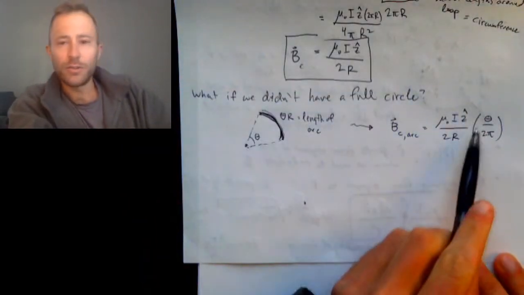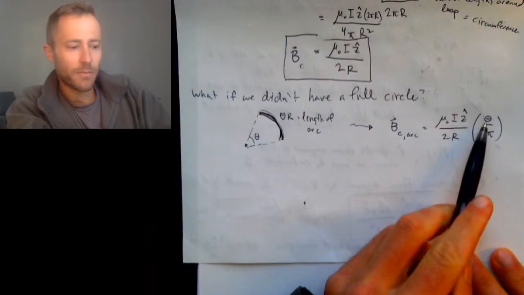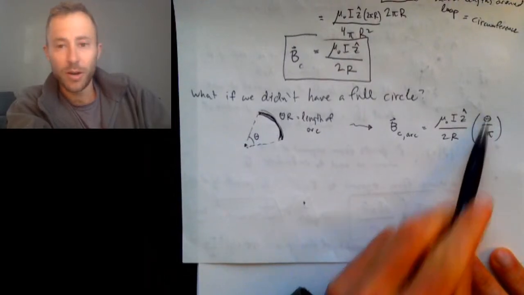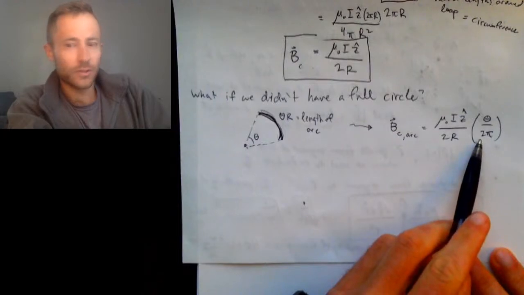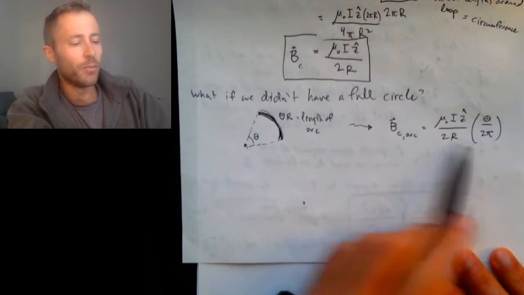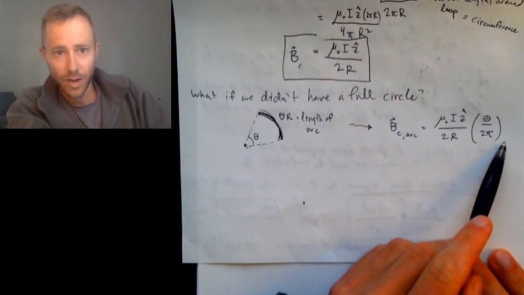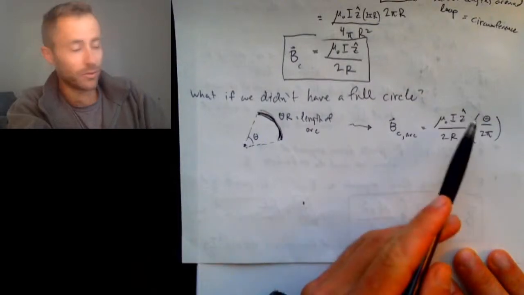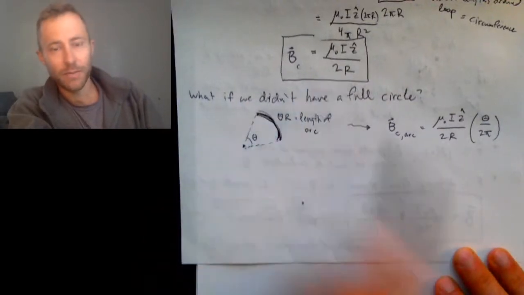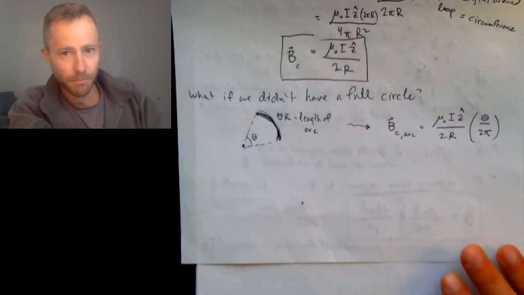If it's a full circle, theta is 2 pi, so you have 2 pi over 2 pi, and you get 1, which gives you the same result as before. Basically, you're multiplying the full circle result by the fraction of a circle that you have. If you have half a circle, you multiply by 1/2. If you have a quarter of a circle, you multiply by 1/4, etc.